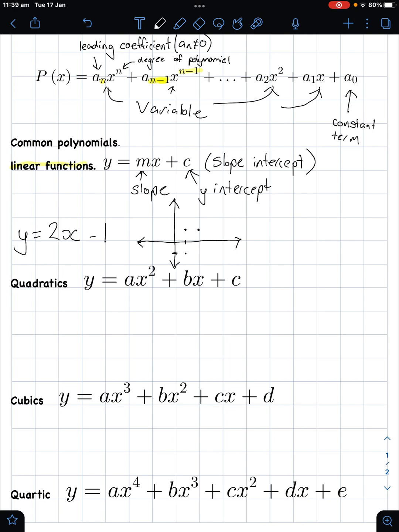And this function would look like something like this. Obviously, this is a rough sketch, where this would be y equals minus 1. And you would see here that for every 1 we go across, we go 2 up.